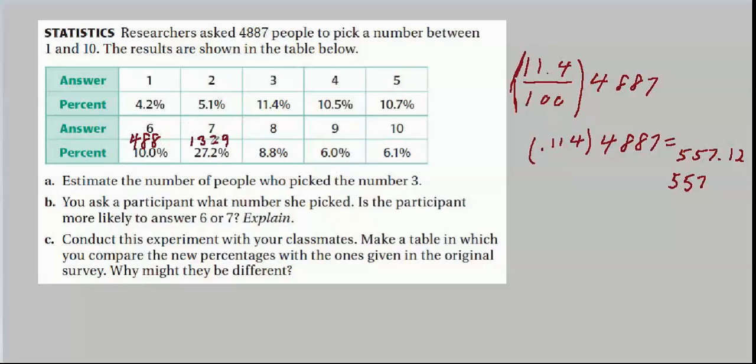You still get the same sense of how likely somebody was to pick a particular number in a relative sense. It's easy to see that if you pick a person at random, they're about 3 times more likely to have picked a 7 than a 6. You don't need percentages to see that. You can just see that from the actual numbers.